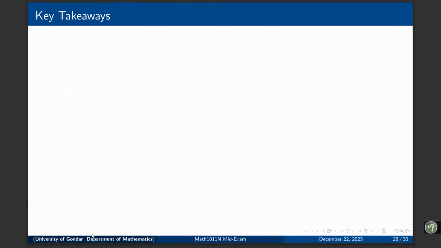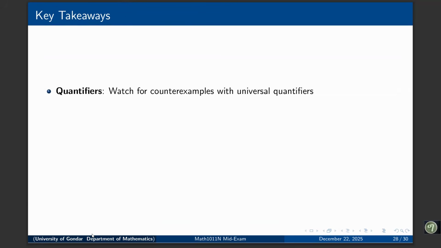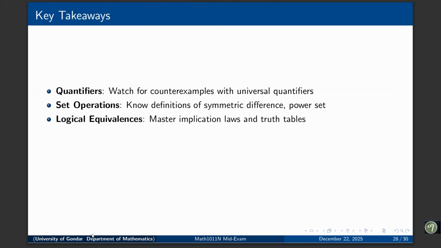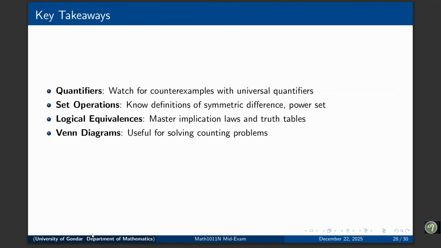Okay, that is all about the questions of the mid-exam. So I do have some takeaways: quantifiers, set operations, logical equivalence. In the case of quantifiers, counterexamples with universal quantifiers; set operations, the definition of symmetric difference and power sets.